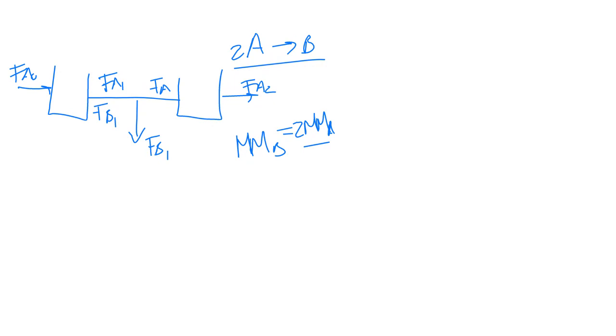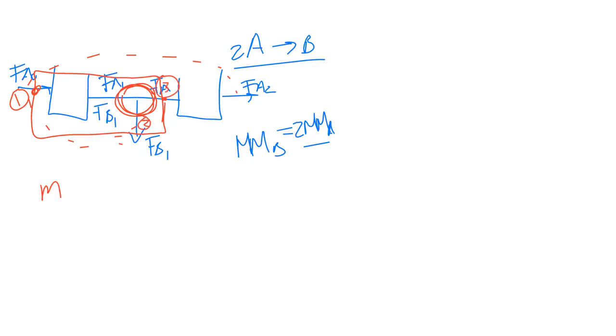So what I suggest, when we want to do a mass balance, if I want to do a mass balance just over this mixing point, calculate, this is stream 1, this is stream 2, and this is stream 3.